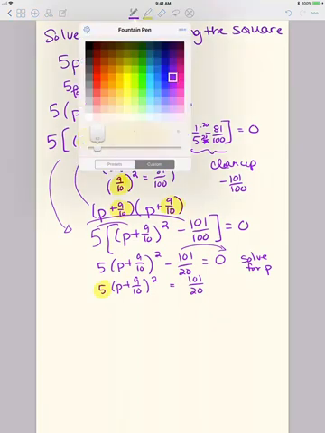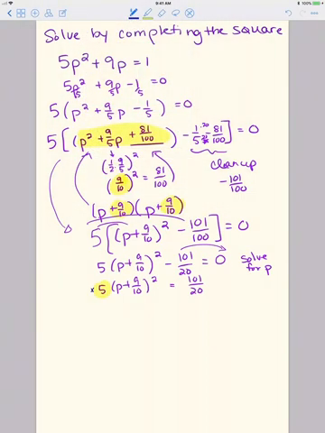So the equivalent to dividing the fraction would be multiplying by its reciprocal. If I multiply by 1/5, 5 times 1/5 is gone. I have p plus 9/10 squared equals, I think we're back to 101 over 100 again, because you just multiply straight across the fractions. So 101 over 100, which is going to work out really nicely for square rooting.